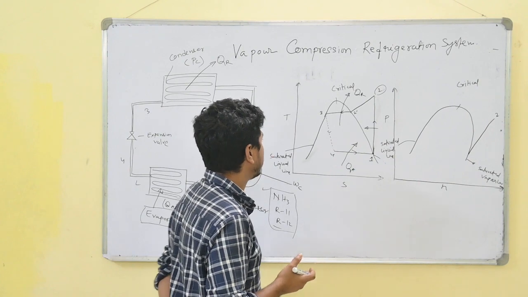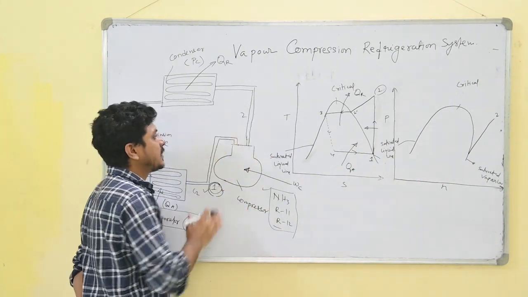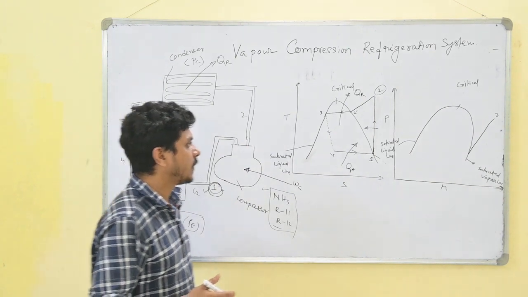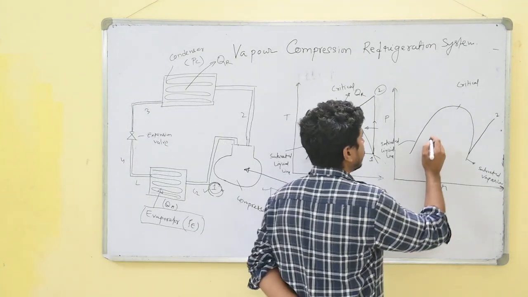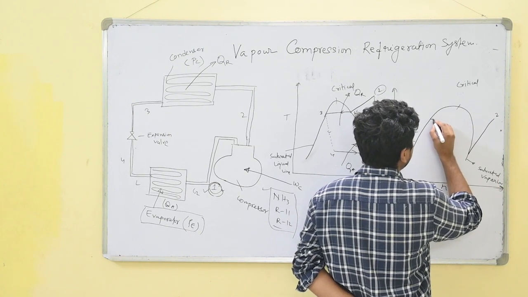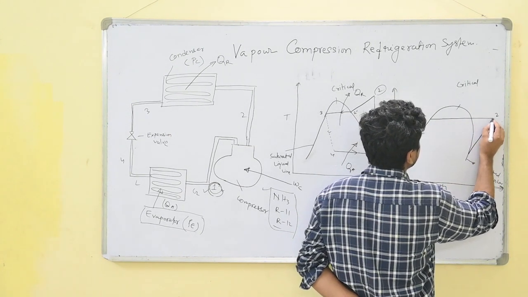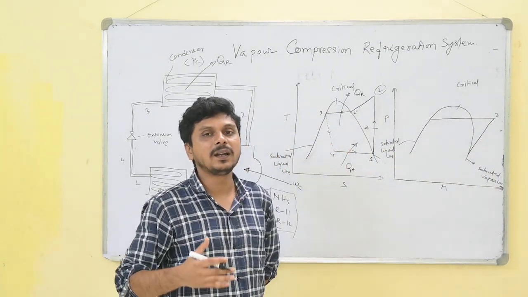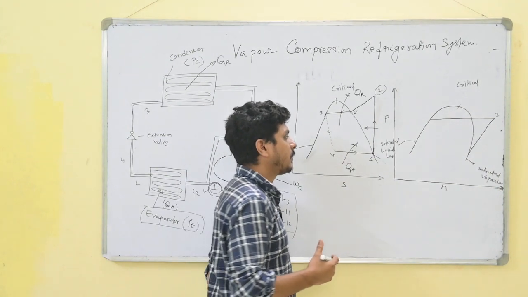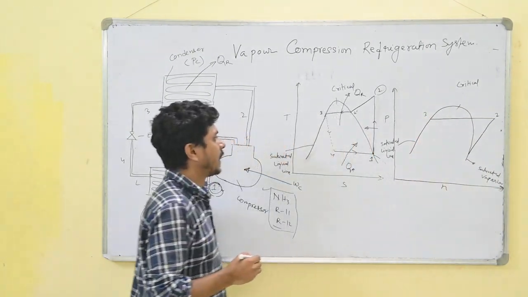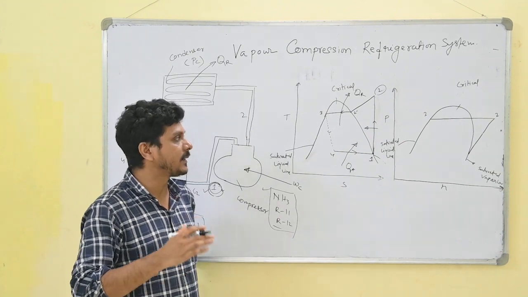After that, the heat rejection takes place at constant pressure. That's why this line is vertical. The superheated gas or superheated refrigerant converts into liquid, and this process ends at point 3, which lies on the saturated liquid line.